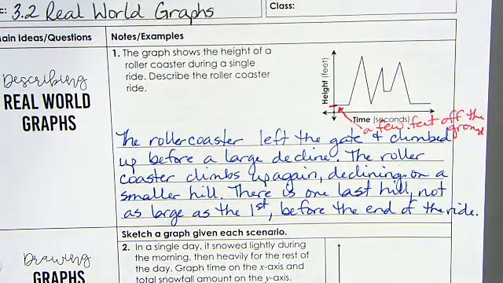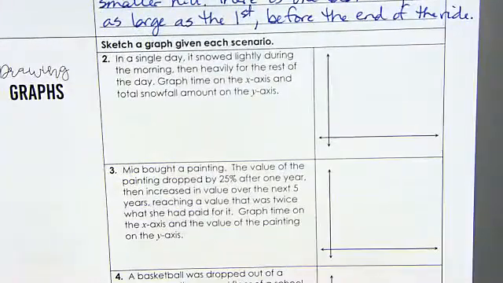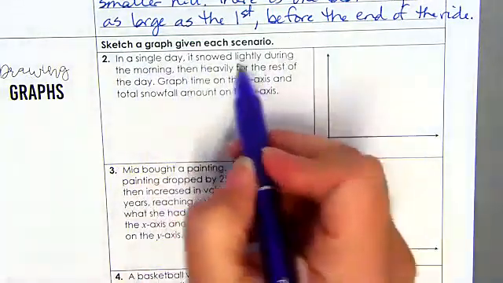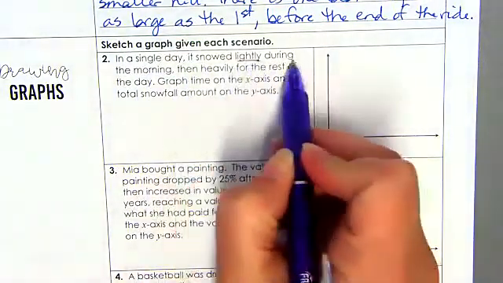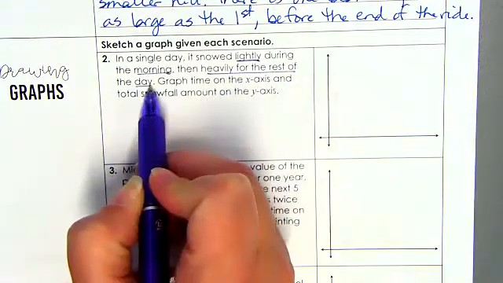Okay, next example. Now we're going to draw a picture that represents the description that's given to us. So it's the reverse. It says, in a single day, it snowed lightly during the morning, then heavily for the rest of the day.